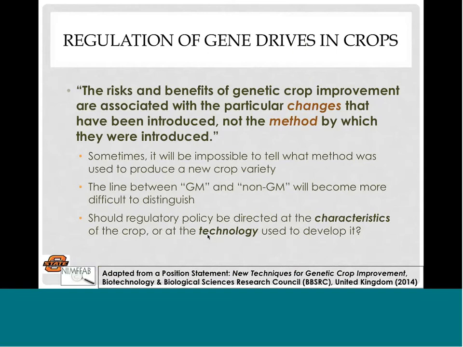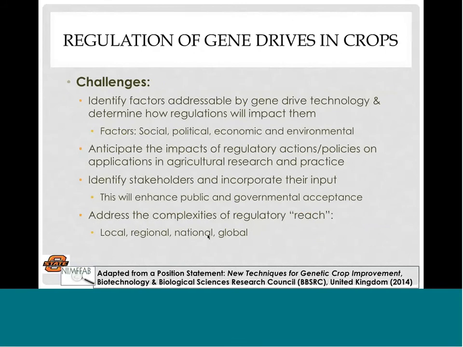And the line between what we recognize as GM and non-GM may be more difficult to distinguish. And so one question is whether the policy should be directed at the characteristics that are achieved or the technology that produced it. And of course that would depend on where the dangerous impacts could come from.